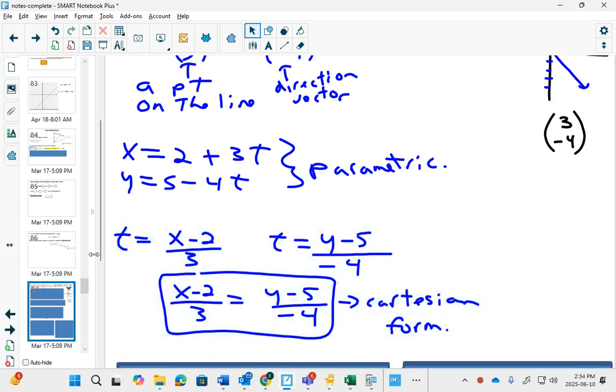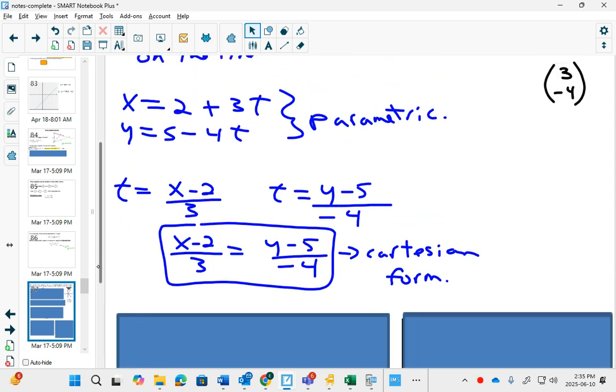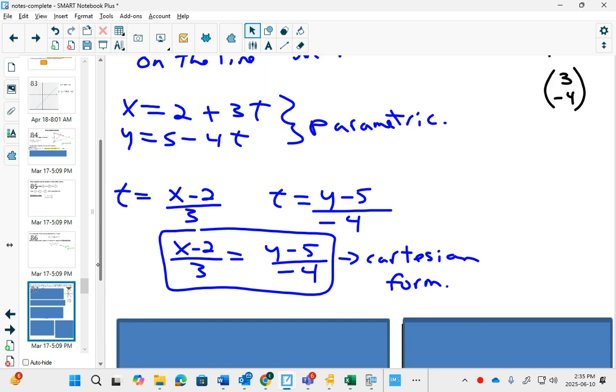And then we could solve for t and get the Cartesian form. And that Cartesian form is just your y equals mx plus b rearranged.